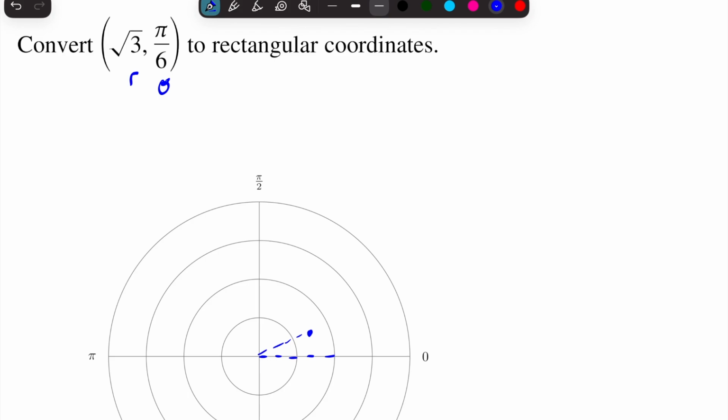If I want to convert to rectangular coordinates, I'm going to use x equals r cosine theta. And so x in this case is going to be our radius, which is root 3 times cosine of pi over 6. Go to our unit circle to evaluate what cosine of pi over 6 is.